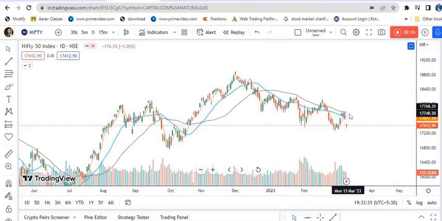If the price is below moving average 20 in Nifty, then we will analyze the last 5 stocks, that is, selling stocks. If the price is above moving average 20, then we will analyze the first 5 stocks. Presently, the price of the Nifty is below moving average 20, so we will select the last 5 stocks for analysis.